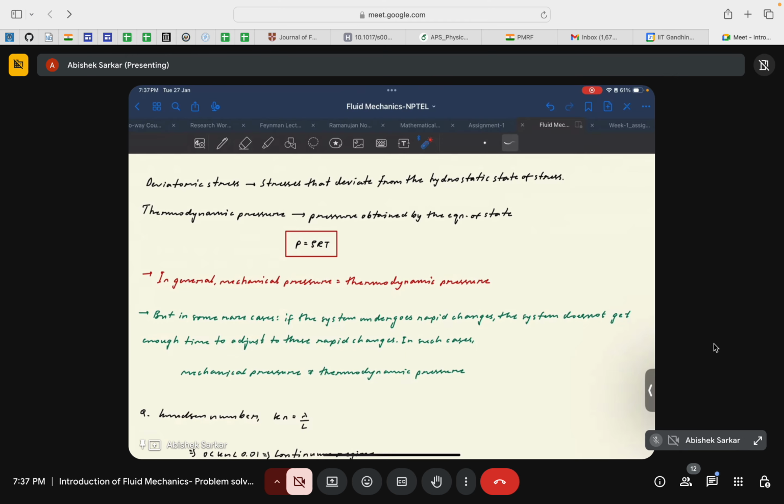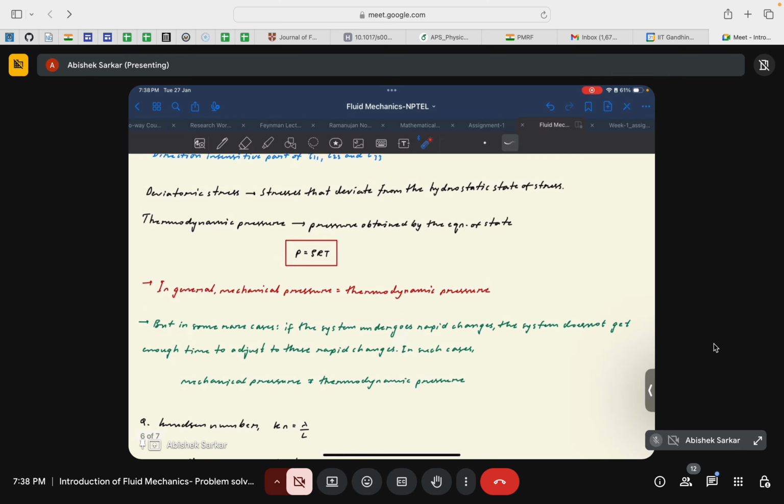For example, if there is a piston that moves up and down very rapidly, and this causes the fluid to undergo very rapid fluctuations, then the fluid might not get enough time to adjust to these rapid changes, and in those scenarios, mechanical pressure might not be equal to thermodynamic pressure. But for most of the general cases, mechanical pressure is usually equal to the thermodynamic pressure.